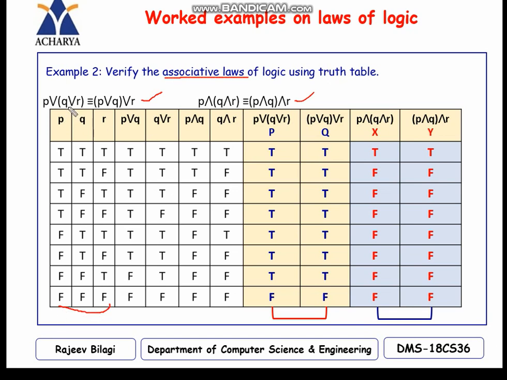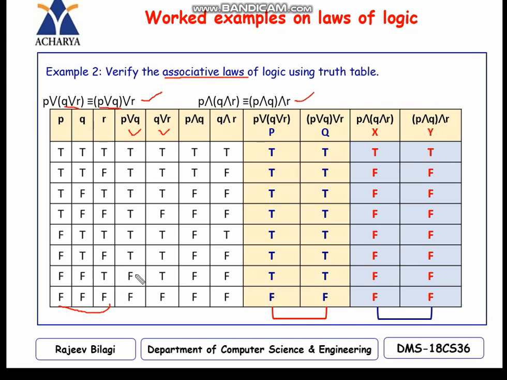Now what I need to find out is P or Q on one side, and Q or R here. So I will find out P or Q, Q or R, for this particular OR operator. When any one is true, then it is true, otherwise it is false. Or when both are false, it is false, otherwise it is true.